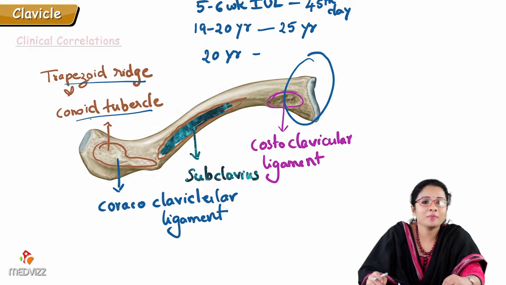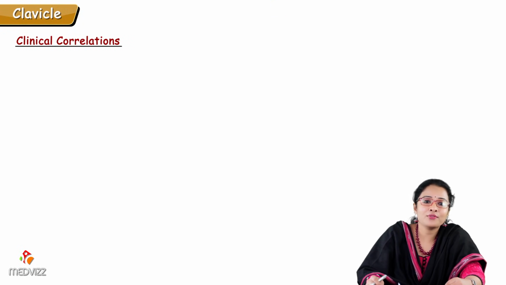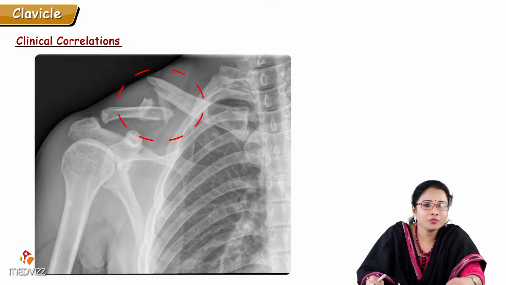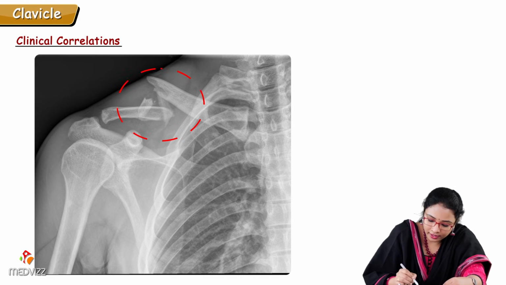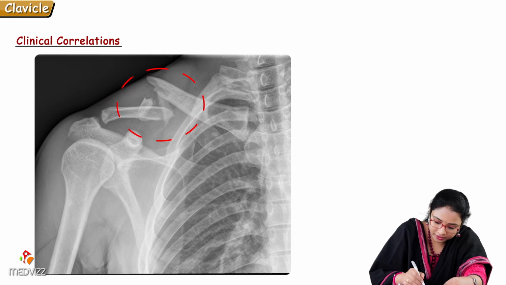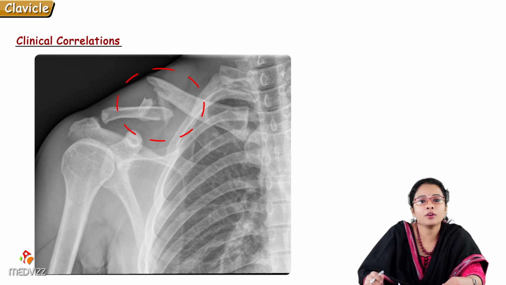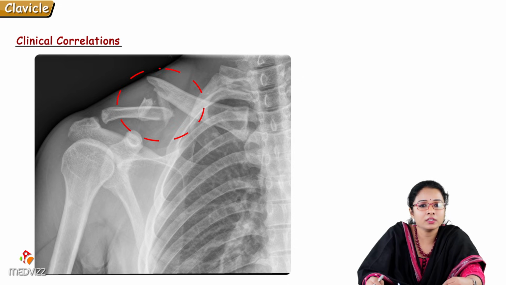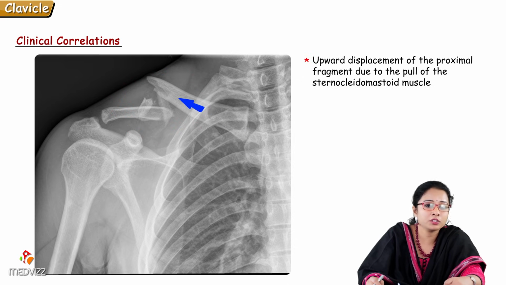We'll talk about some important clinical aspects of the clavicle. Fracture of the clavicle usually occurs in the middle third, that is at the junction of lateral 1/3 and medial 2/3. So this is the site of fracture, and it results in upward displacement of the proximal fragment due to the pull.